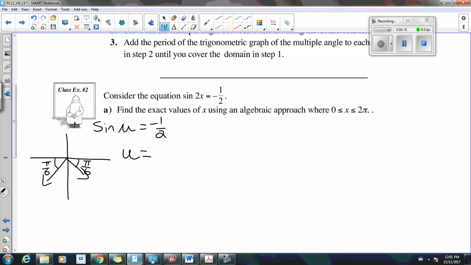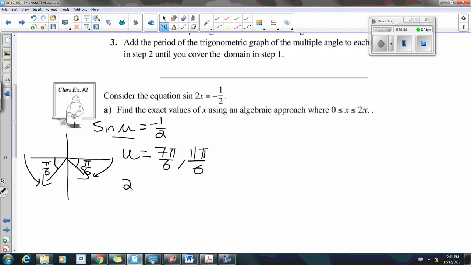So that means u equals pi plus pi over 6, so that's 7 pi over 6. And the other one, this would be 12 pi over 6, so it's 1 back, 11 pi over 6. Okay, so those are my solutions for this equation.